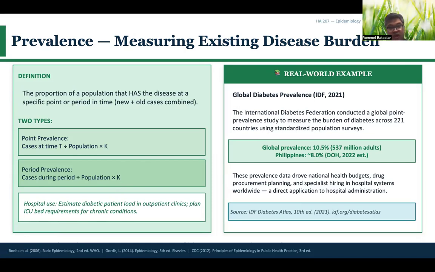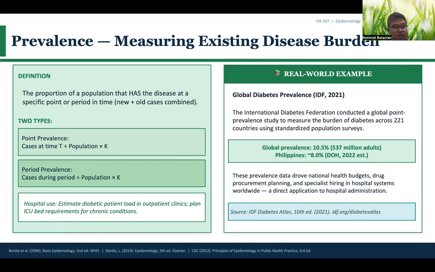So it is an important planning tool also. For example, if you want to estimate how many diabetic patients the outpatient clinic serves in a given month, you use prevalence data because there are newly diagnosed diabetic patients and diabetes is just controlled. It's not being cured. So you have existing patients that go back to the outpatient clinic.